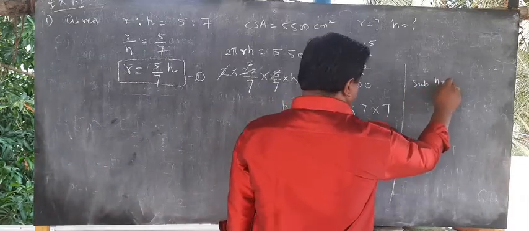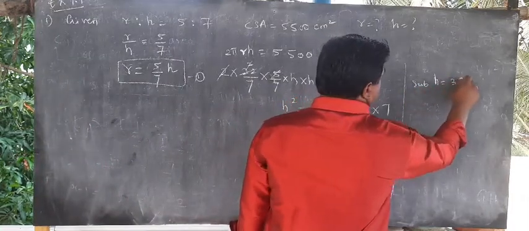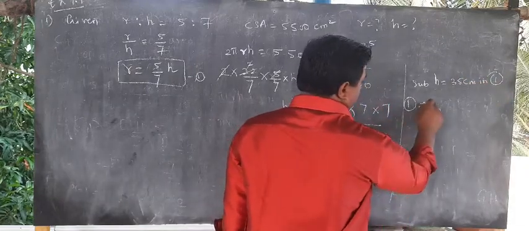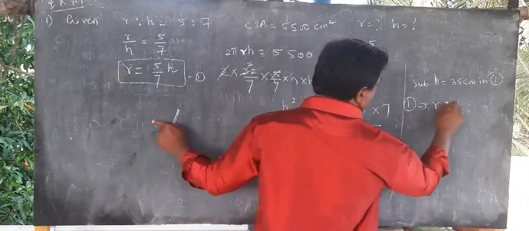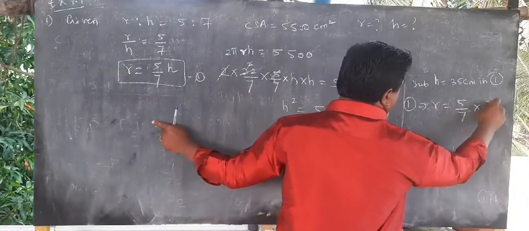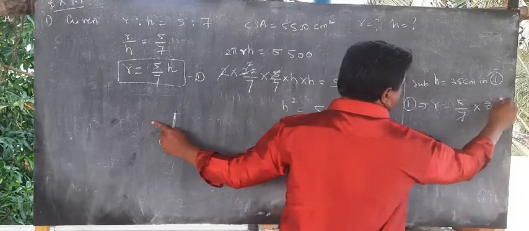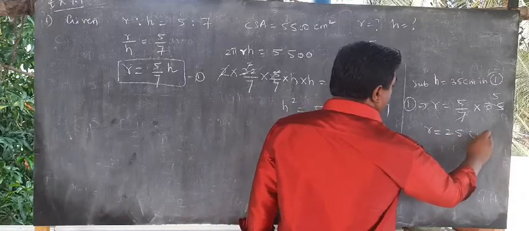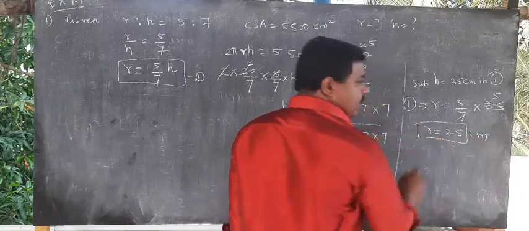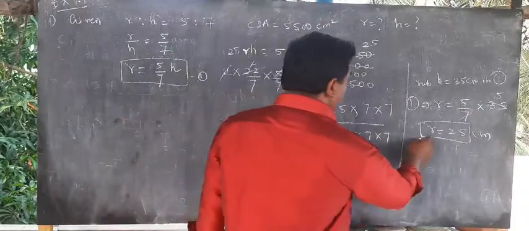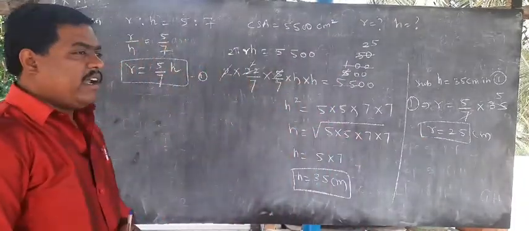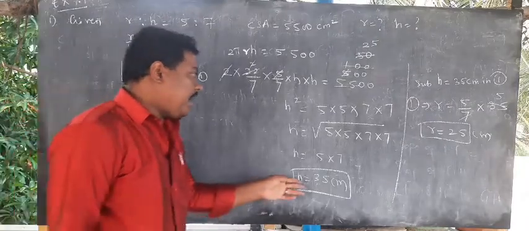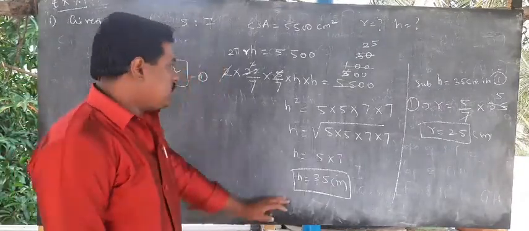Substitute h equal to 35 centimeter in equation 1. r equal to 5 by 7 into 35. 7 fives are 35, so r equal to 25 centimeter. Therefore, we found the radius and height of the cylinder. Right? Thank you.